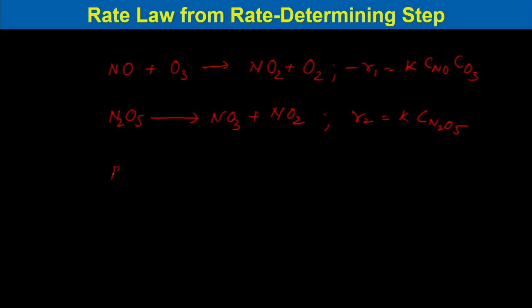Similarly, bromine plus nitric oxide reacts and forms ONBr2. The rate can be written as K into concentration of bromine and concentration of NO.